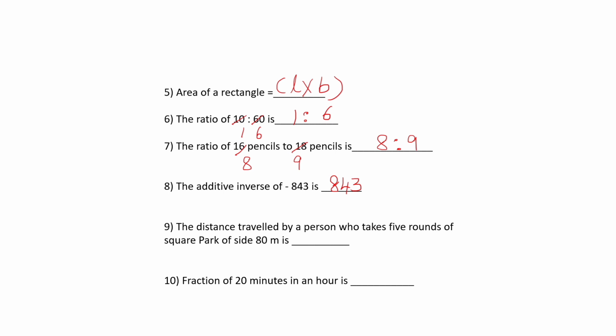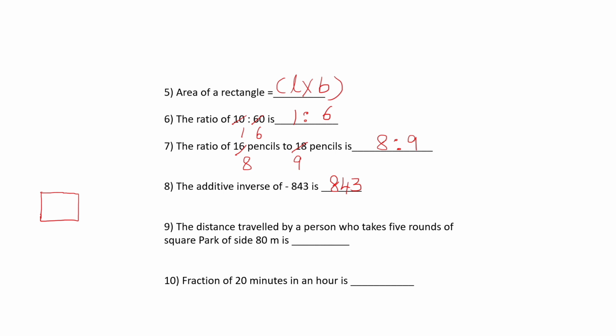Next, the distance traveled by a person who takes 5 rounds of a square park of side 80 meter is. So here we don't know the perimeter of a square. First we need to find the perimeter of a square.